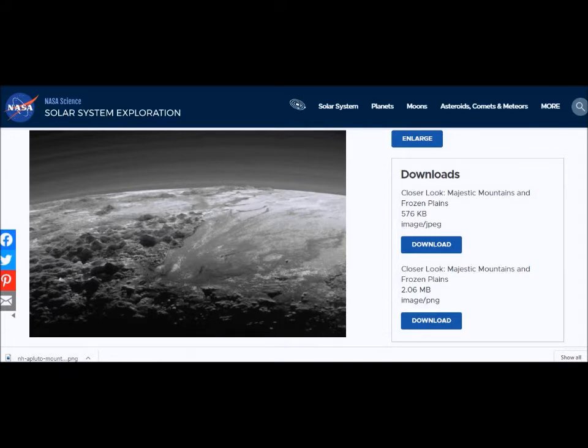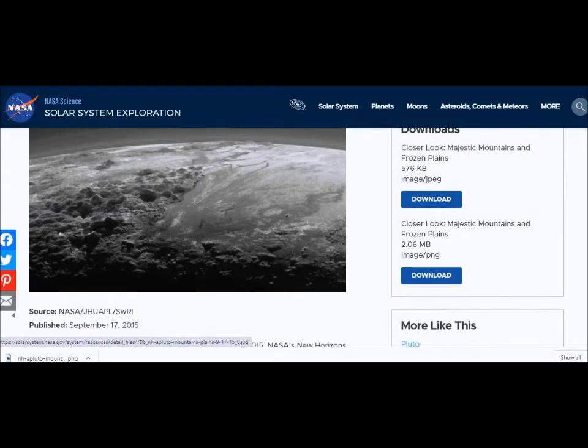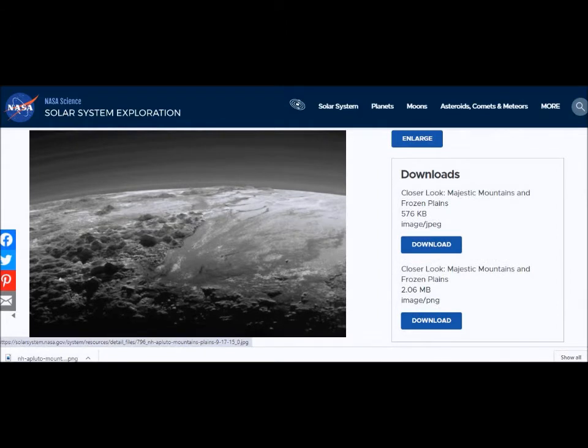Now, this doesn't come with a photo designation number, like most of the stuff does. So when you get here, you'll see on the right hand side it says downloads.